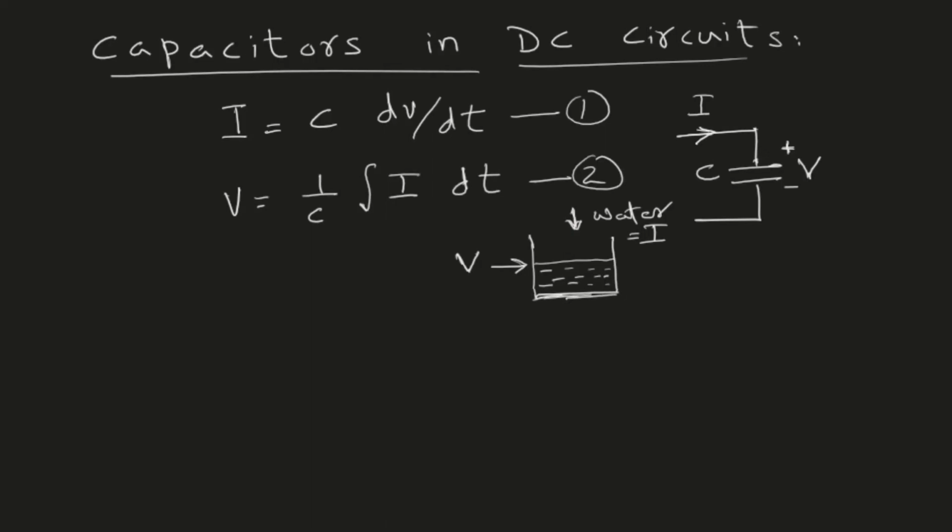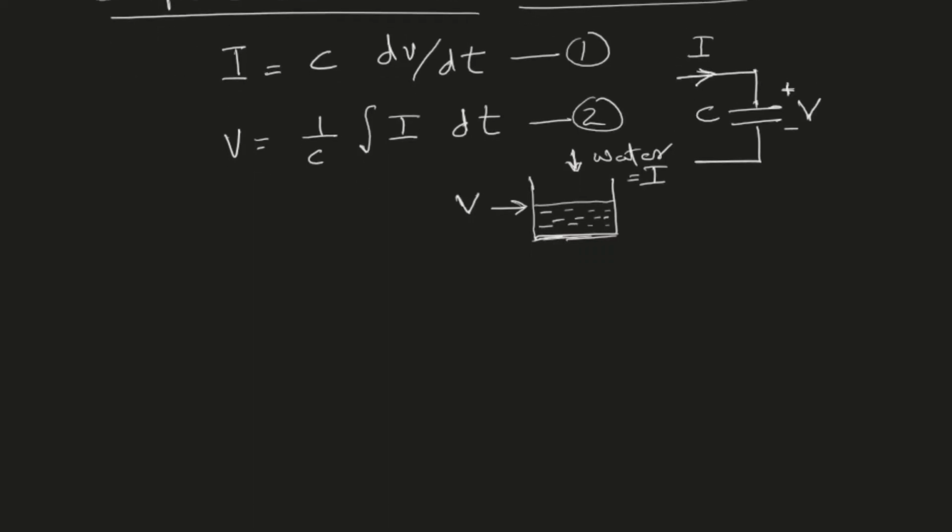So the first thing that we want to discuss today, based on these two equations, is that the voltage across a capacitor cannot change all of a sudden. Okay, so the voltage V across a capacitor cannot change abruptly.